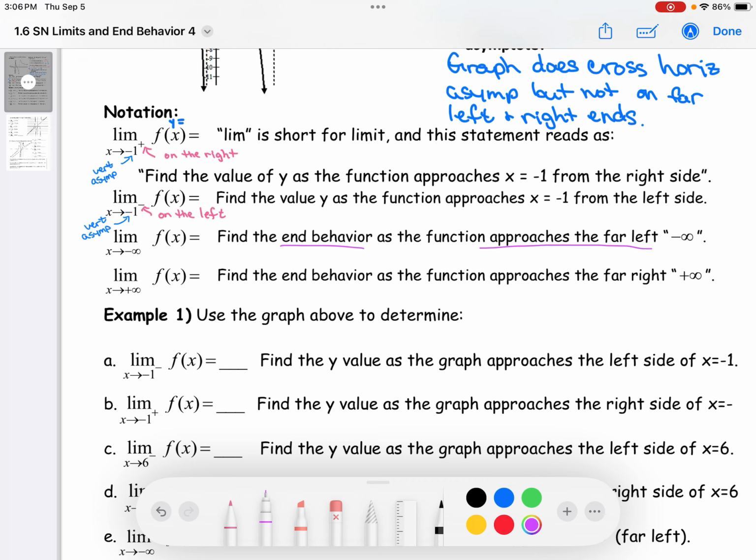That's as x is approaching negative infinity. As the x's get closer to negative infinity, what's happening to the graph? Same thing for positive infinity. The end behavior is the graph approaches the far right. Positive infinity is the far right.